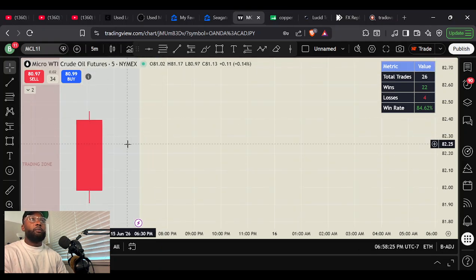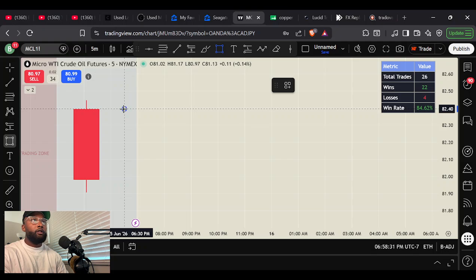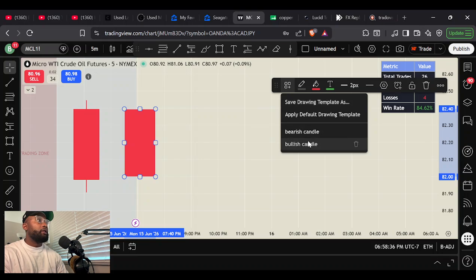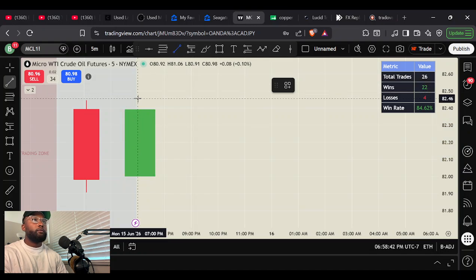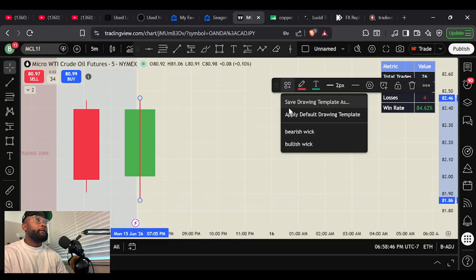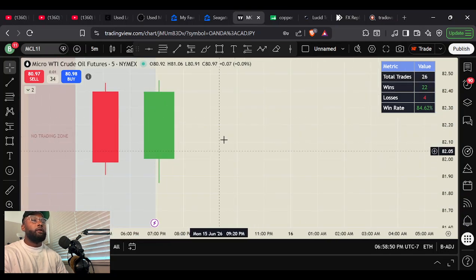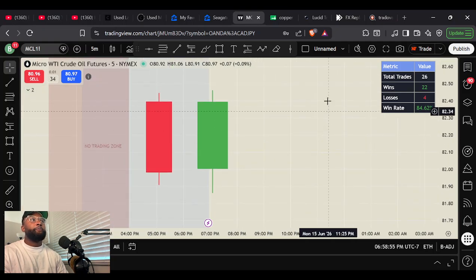They're both important, but we'll get into that shortly after I draw the bullish candle. So this will be an example of a bullish once I change the color and everything. Change this color. Boom. Right? So we have a bearish candle and a bullish candle.